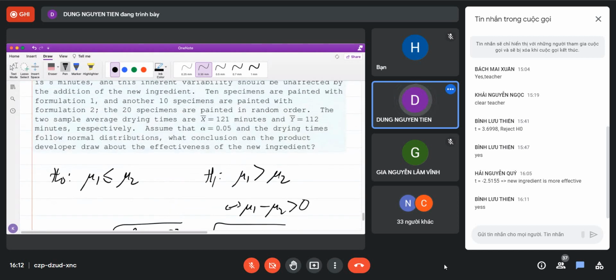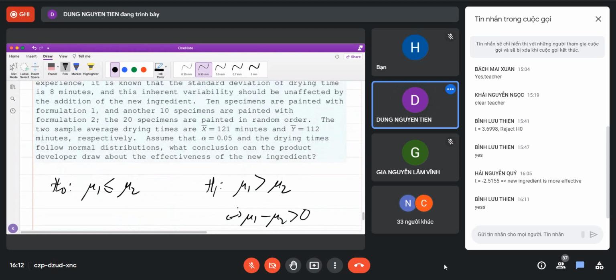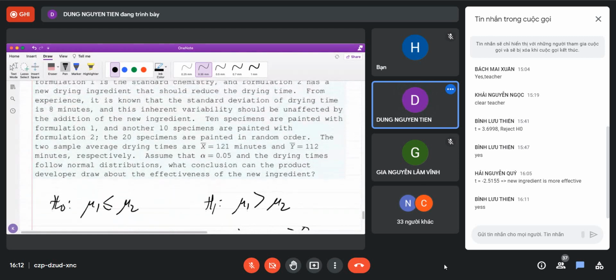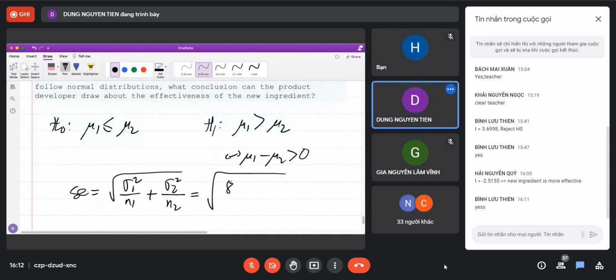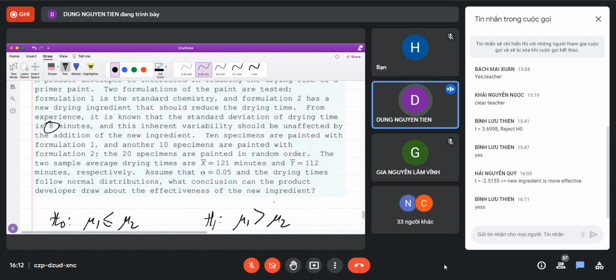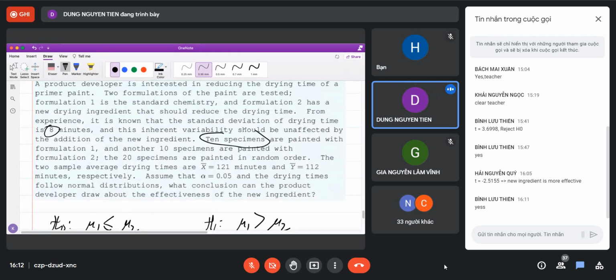So you come up with 8 squared over 10 plus 8 squared over 10, since there are 10 specimens in each group.